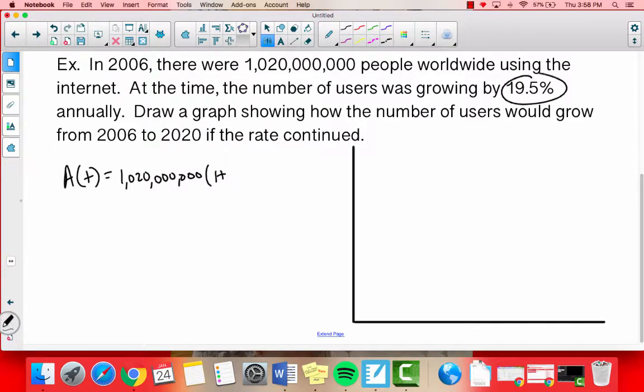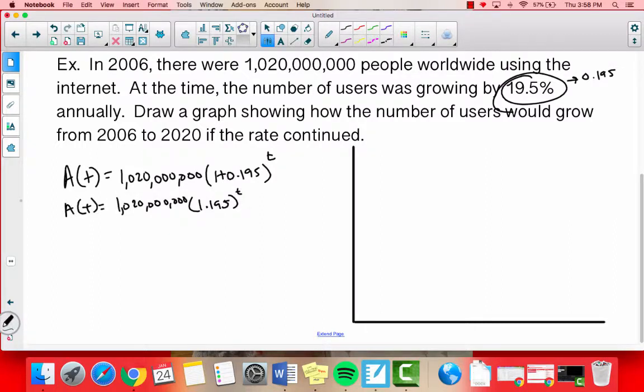Well, my rate is 19.5%. As a decimal, that would be 0.195. So I'm going to put 1 plus 0.195 there, all to the t power, because we are talking about different amounts of time. I can simplify this, so I've got my initial value, and then times 1.195 to the t.